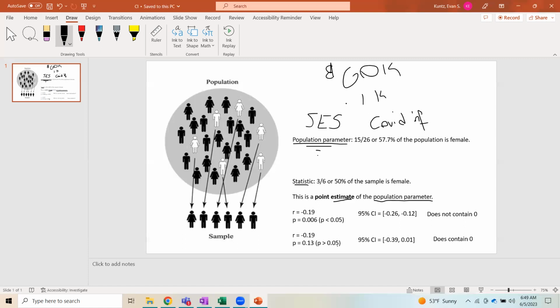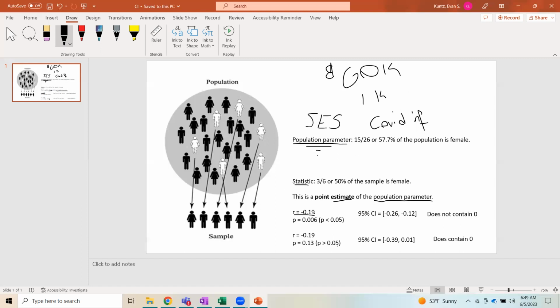And so after obtaining the data and calculating a Pearson's correlation coefficient, we find this R value of negative 0.19. And so now the next question we might ask is, how strong is this relationship?